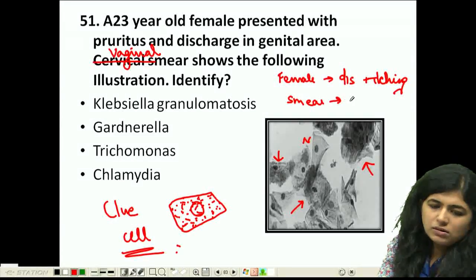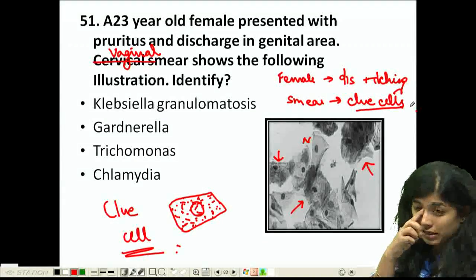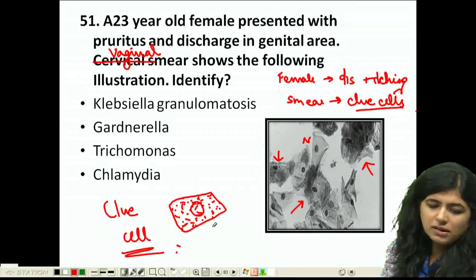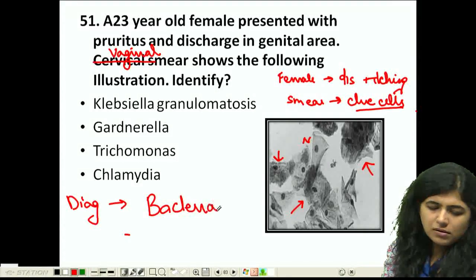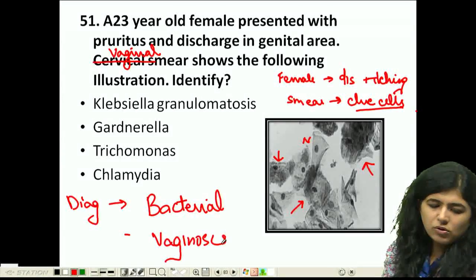The vaginal smear shows clue cells. What is the diagnosis? You know what the diagnosis is. Tell me the diagnosis. The diagnosis is bacterial vaginosis.